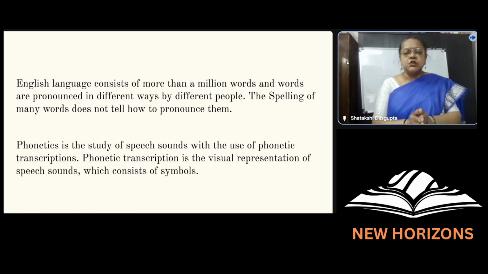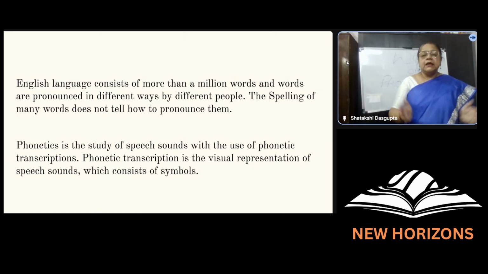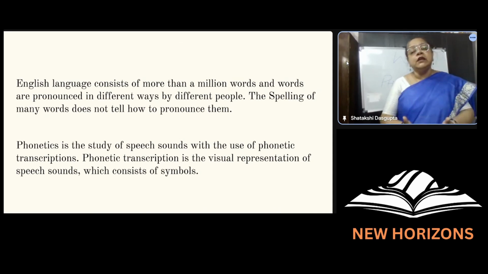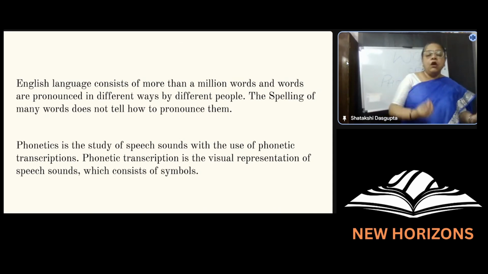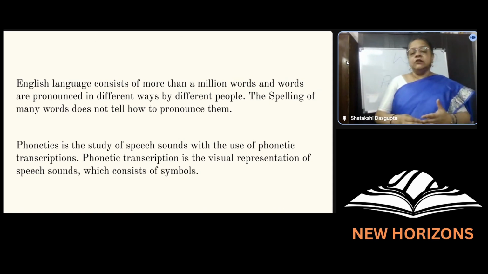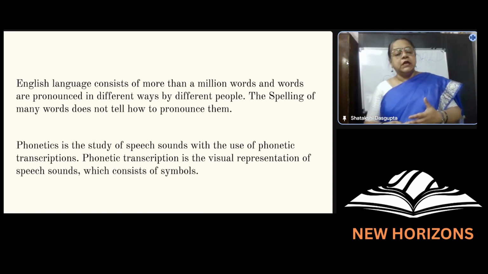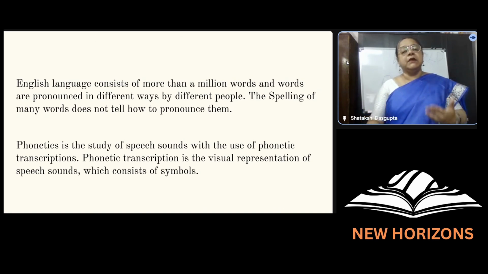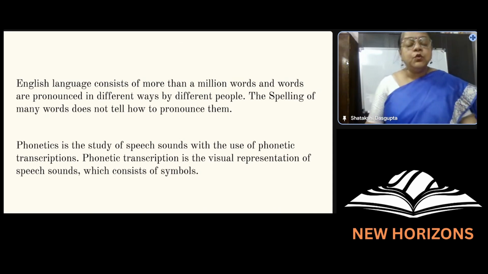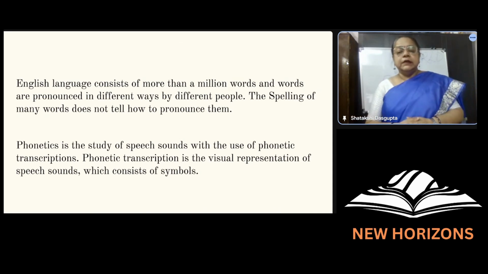So, what now actually is phonetics? It is the study of speech sounds with the use of phonetic transcriptions or what we call phonetic symbols. Phonetic transcription is a visual representation of speech sounds, and these involve some kind of symbols. Each symbol has a special sound which we are now going to deal with.